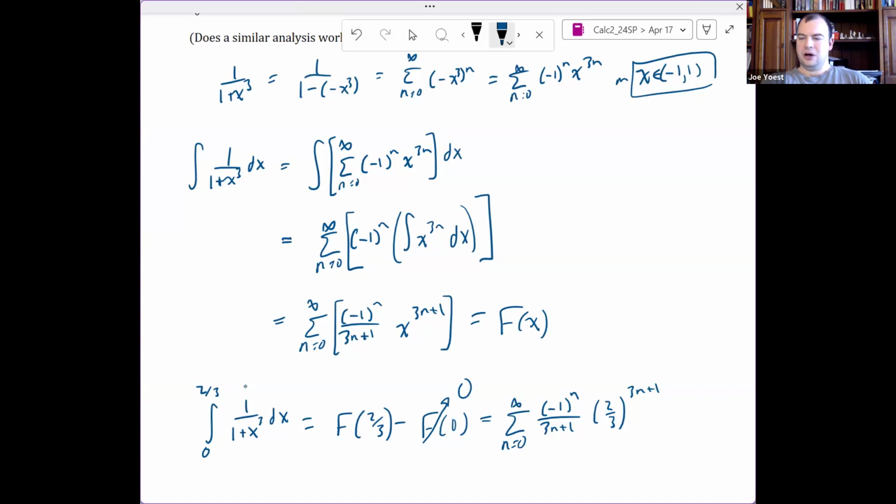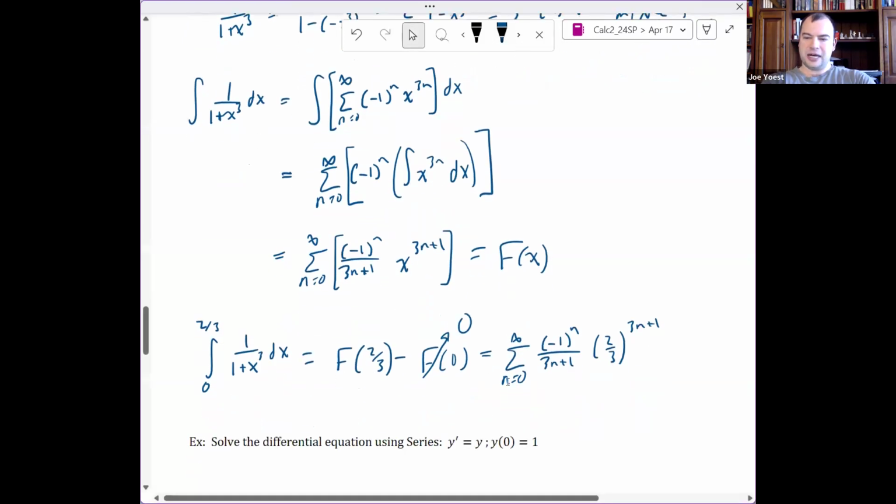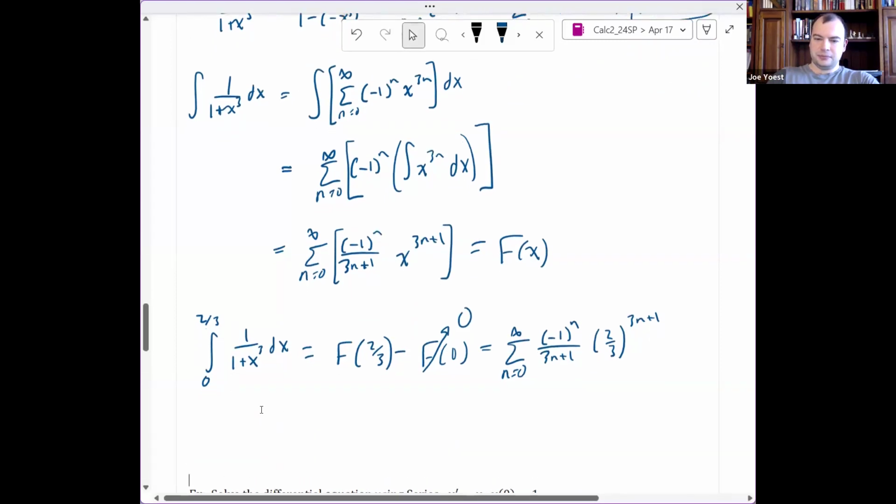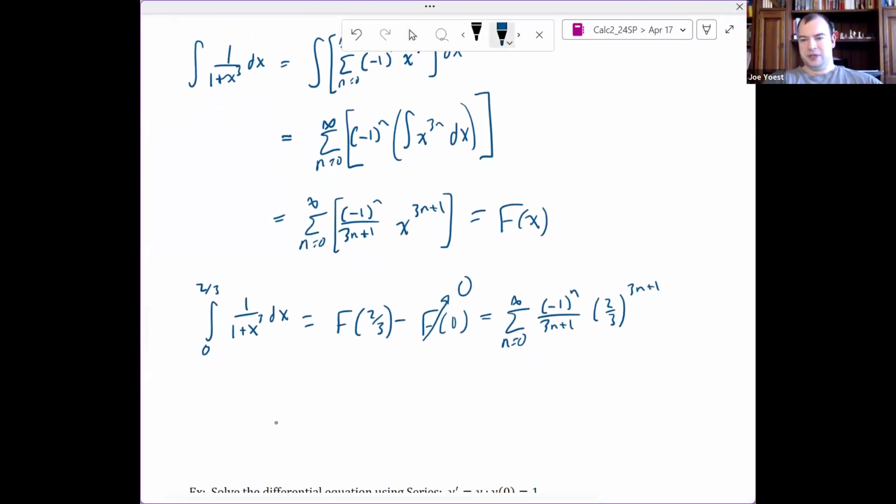This almost looks like it could be a geometric series, but that 3n plus 1 in the denominator really doesn't let us figure out an exact sum for this. But we do note that we could write out a few terms. When n equals 0, I have what? Negative 1 to the 0 over 3 times 0 plus 1. That's just 1. 2/3 to the first power, so 2/3.